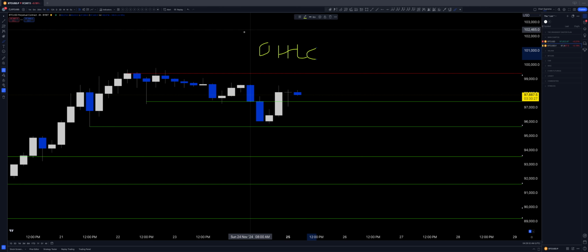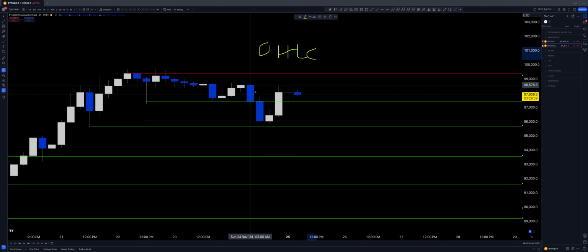You'll see indicators use this information, taking information from candles based off of their opens. In this case, let's say an upward candle, the open was here, it closed here, thus making it an upward candle. This was the low, this was the high. Open, high, low, close. And the same thing here, this is a down candle.